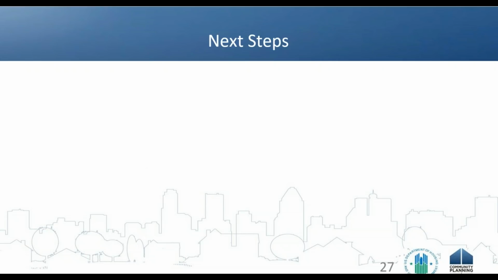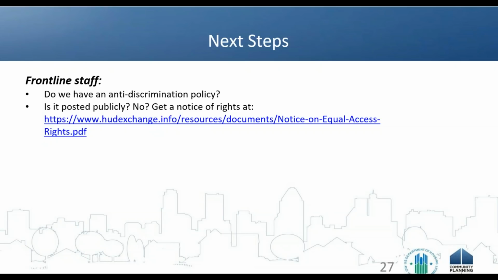So next steps, for frontline staff, I think one of the most important things that you can look to is an anti-discrimination policy, and that is passed at the board of directors level or senior management level and should be posted publicly. If you don't know if your organization has an anti-discrimination policy, that's a problem.